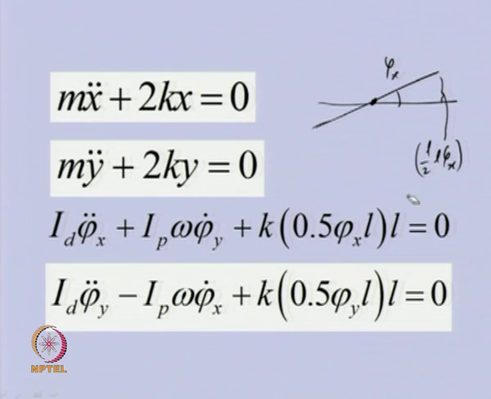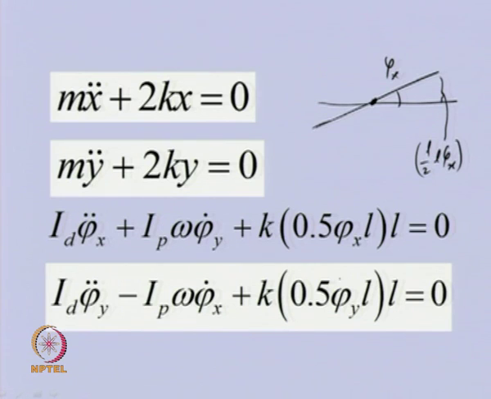If we take the moment arm L, we will get the moment due to the springs at the bearing in this particular plane, and similarly in the other plane. So basically these are the bending moments, or the couples, which are coming onto the rotor from the bearings, these two.